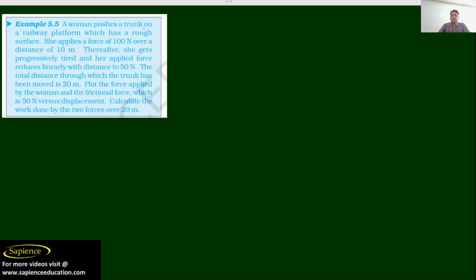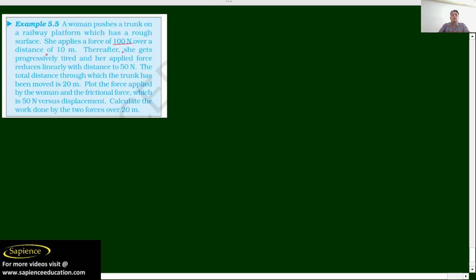She applies 100 Newton over a distance of 10 meter, and thereafter she gets progressively tired and her applied force reduces linearly with the distance to 50 Newton. The total distance through which the truck has been moved is 20 meter.